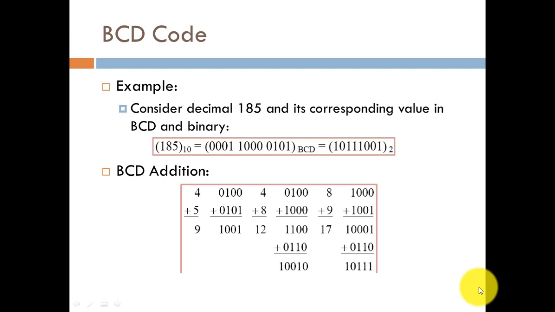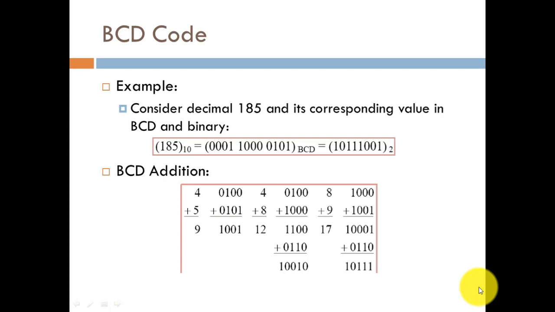The BCD equivalent of 4 is 0100, and the BCD equivalent of 8 is 1000. So we have 0 plus 0 is 0, 0 plus 0 again 0, 1 plus 0 is 1, and again 1 plus 0 is 1. So 1100. This is not a valid digit in BCD.